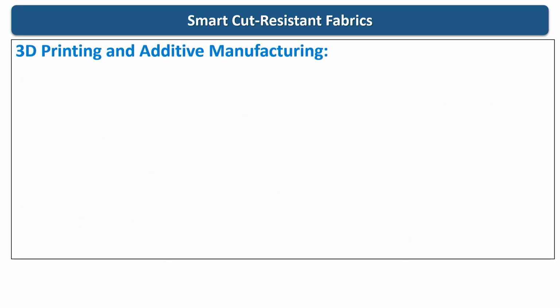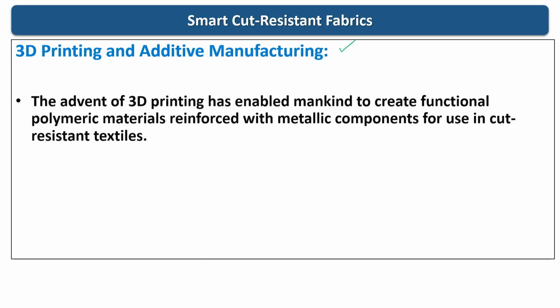3D printing and additive manufacturing can be explored. With the advent of 3D printing, it has enabled mankind to create functional polymeric material which is reinforced with metallic components for use in cut resistant textiles.